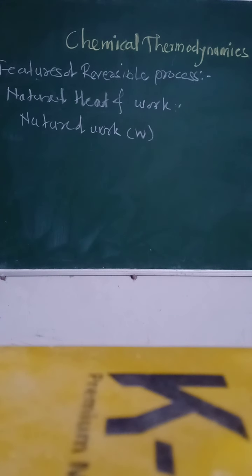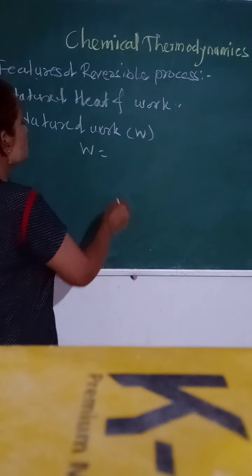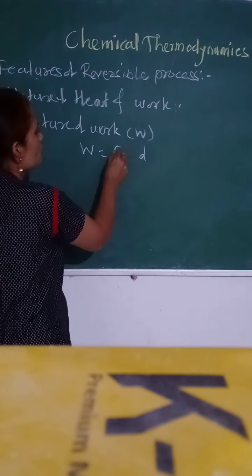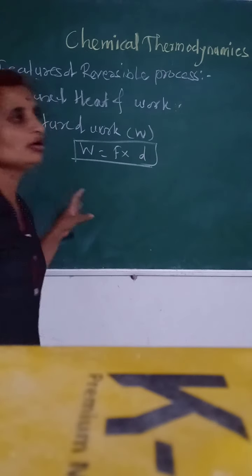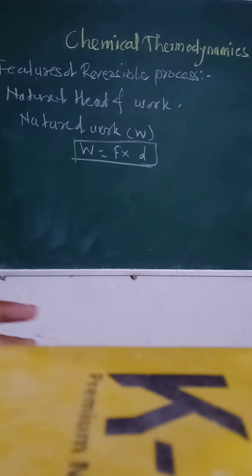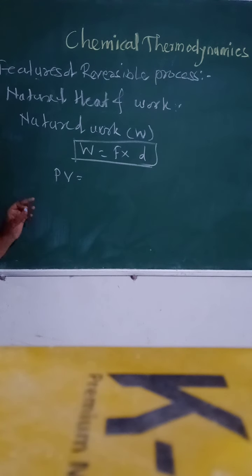W is equal to F into d: if any body is displaced by a distance d by a force F, the work is explained in these terms. In thermodynamics, we study the pressure-volume type of work, that is, the PV product.